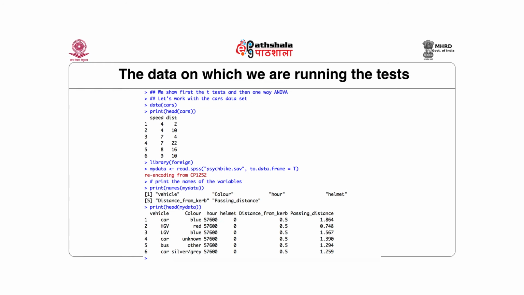As you can see here, there are two data sets that we will be using in this set of tutorials. The first data set is known as cars, and it has only two variables: the speed and the distance that a car will go.